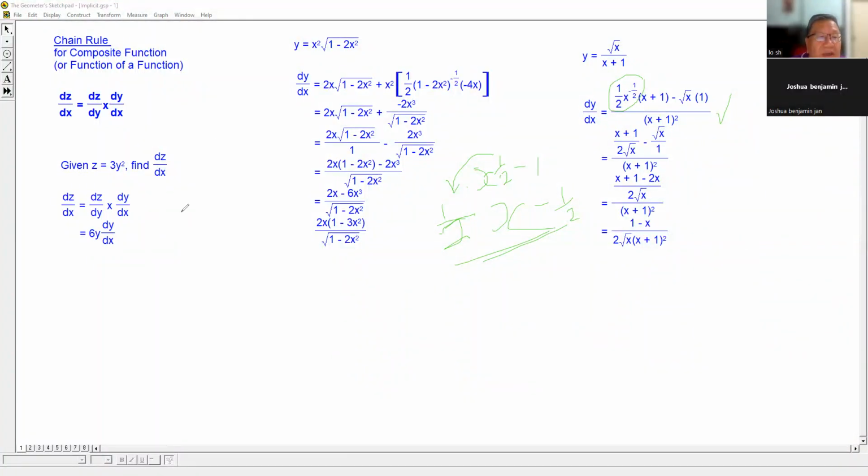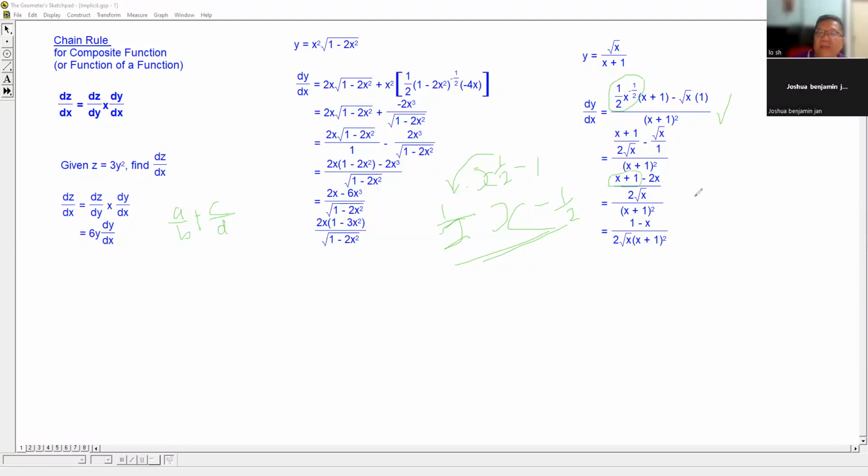Remember the ABCD? A over B plus C over D. So I make sure that this is all A, B, C, D, so that I can cross them. So x plus 1 multiply with 1 is x plus 1.